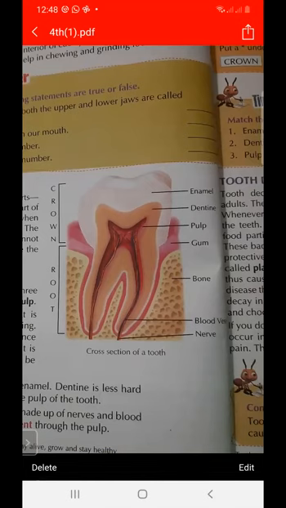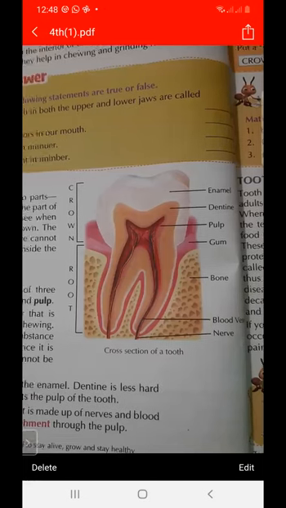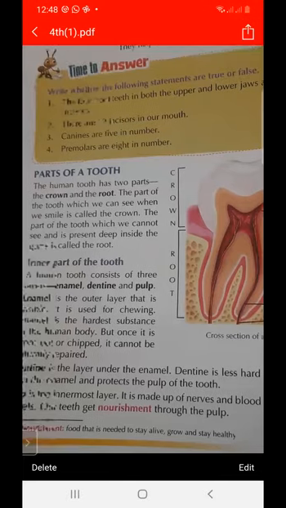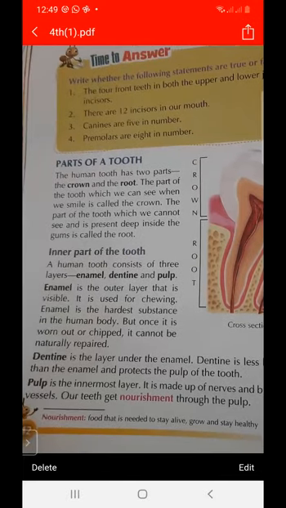What is the function of enamel? It is the hardest substance in the human tooth, and once it is worn out, we cannot get it back again.